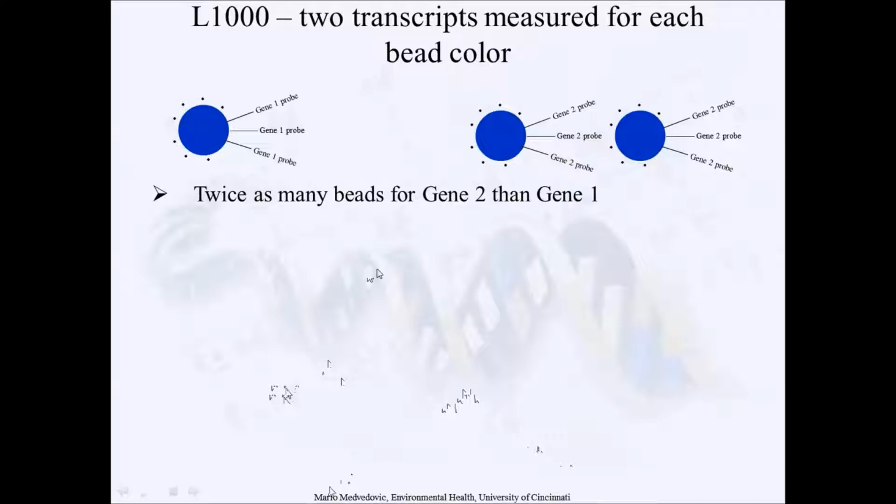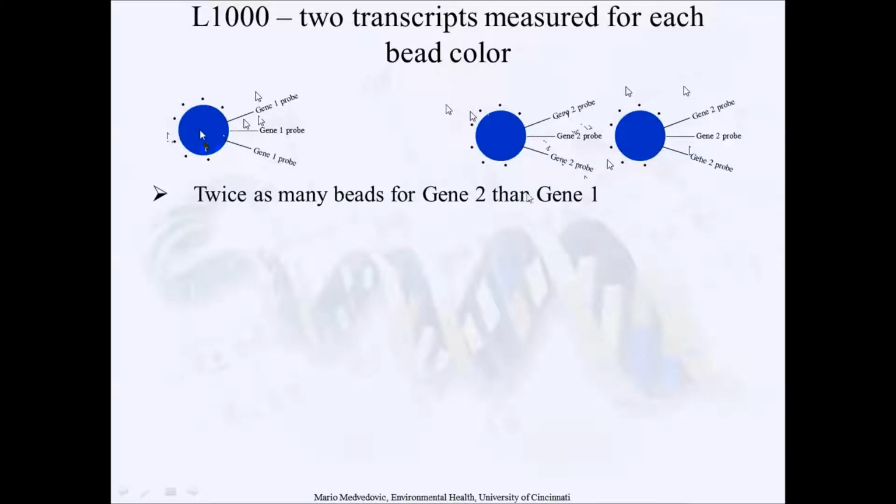The way they do that is by using each bead color twice. So in this case now I still have blue beads, right? And this one is coded with the probes for gene 1. But then I have more blue beads that are now coded with a probe for gene 2.